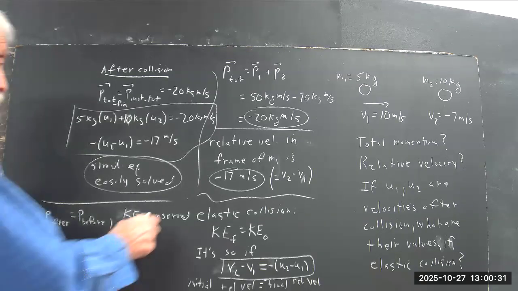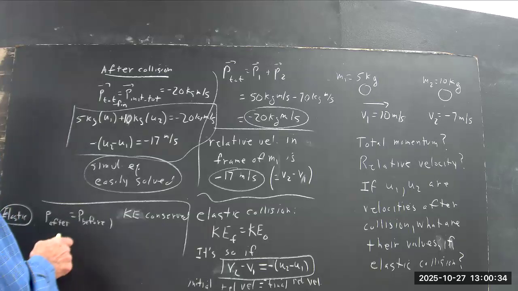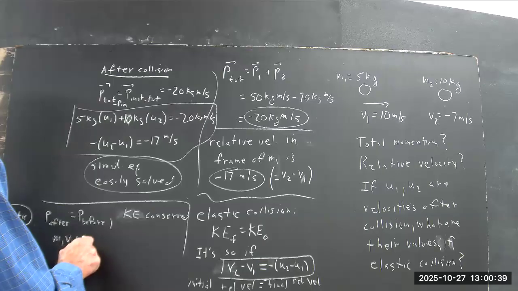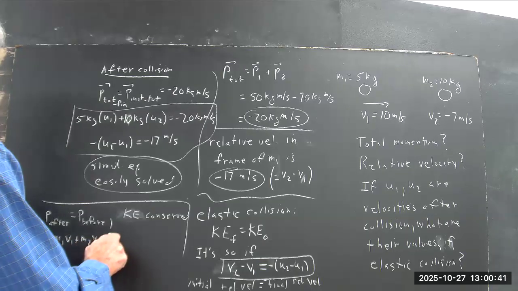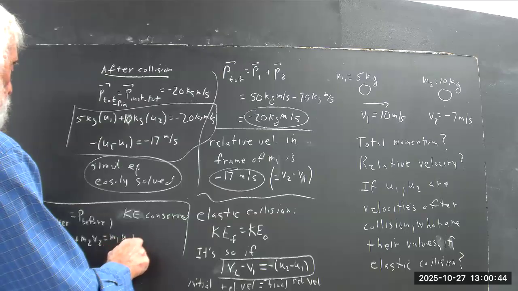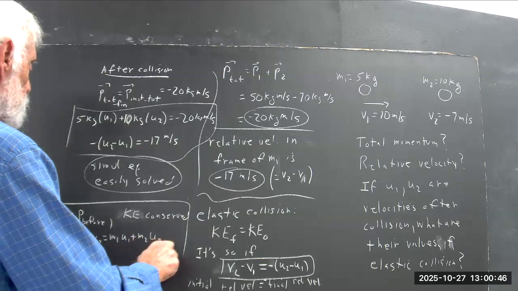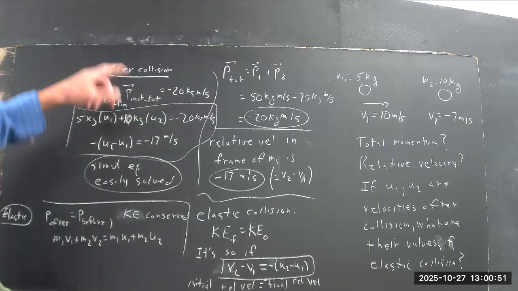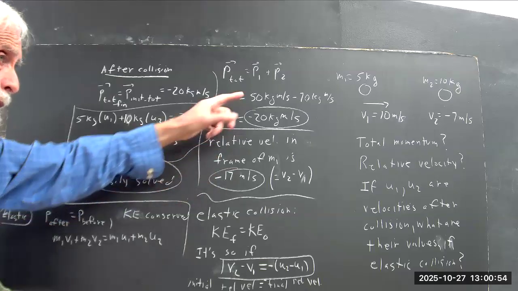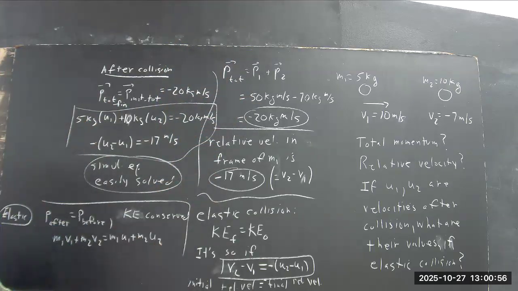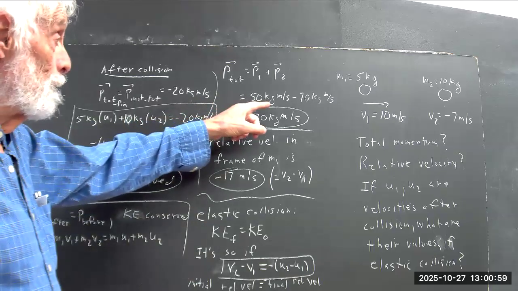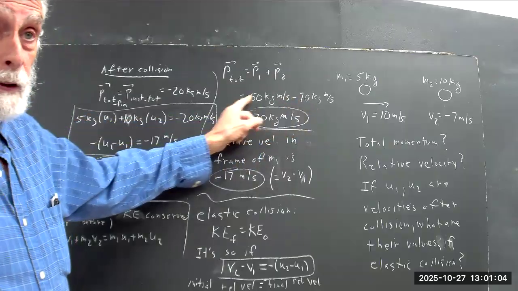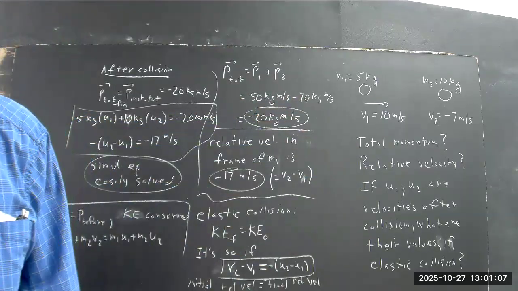That means total momentum, and kinetic energy is conserved, which means that M1 V1 plus M2 V2 equals M1 U1 plus M2 U2. Now that's effectively what I did up here. And I didn't use a formula, I just used what momentum means. But this is M1 V1 and this is M2 V2. I consider that to be obvious. Everybody knows what momentum is.